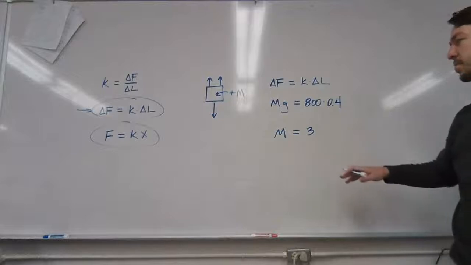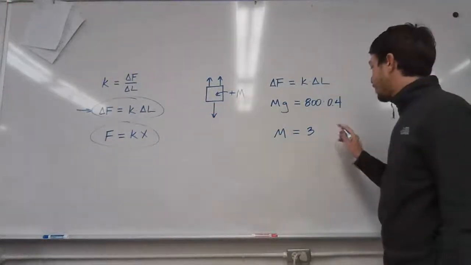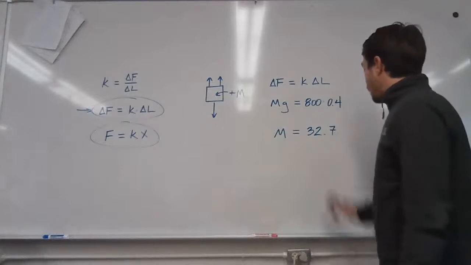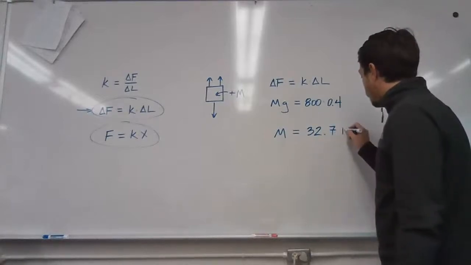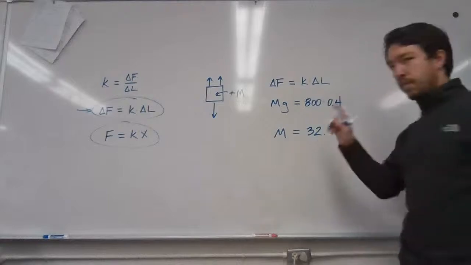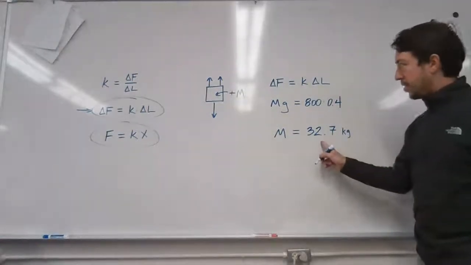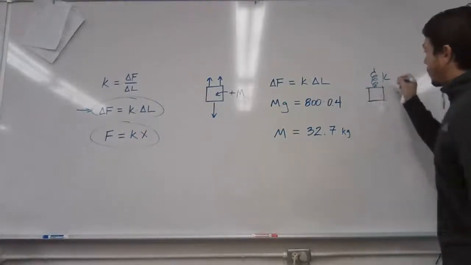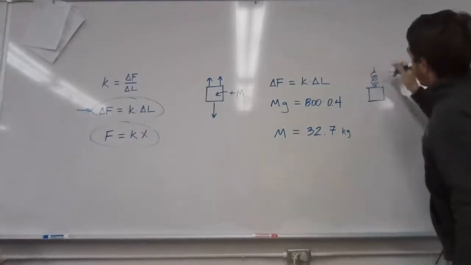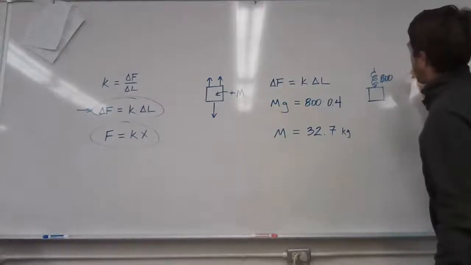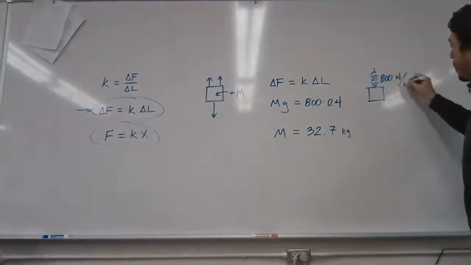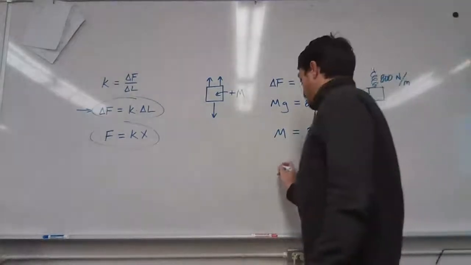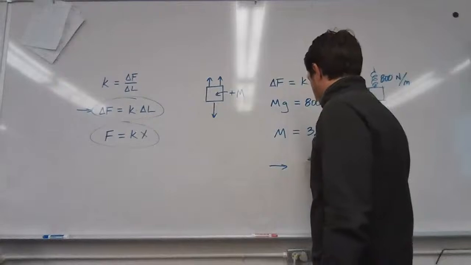It's gonna be 30 something. 32.7. Yeah. Okay, now again, that would be if it was just a single spring with spring constant of 800. Make sense? So what's the actual answer? 65.4.